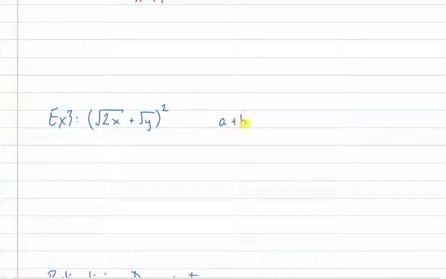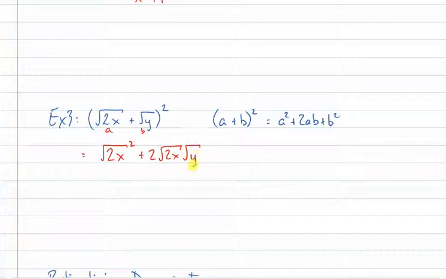A plus b all squared makes a squared, 2ab, and b squared. So I want to take advantage of that pattern. This is my a, this is my b. So I'm going to have the root of 2x squared. Then we have 2 times my root of 2x times my root of y.